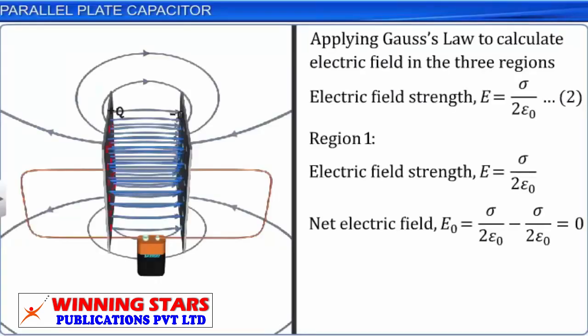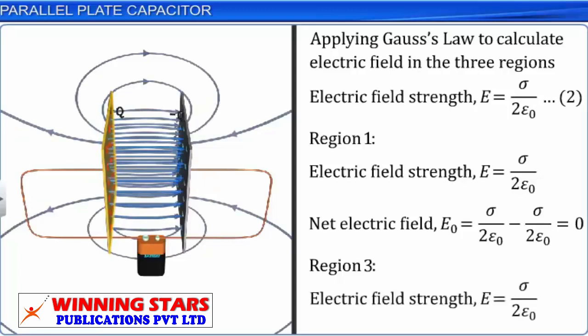Now let us look at region 3. In region 3, due to the positive plate of the capacitor, the electric field strength E is equal to sigma by 2 epsilon naught, directed away from the positive plate and towards the right. Due to the negative plate, the electric field strength E is also equal to sigma by 2 epsilon naught, directed towards the negative plate and towards the left.